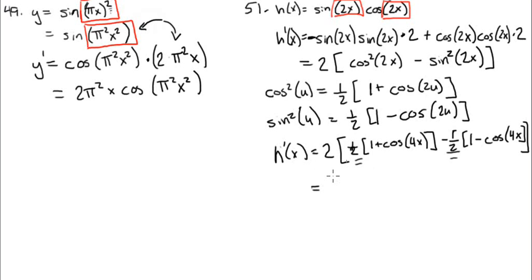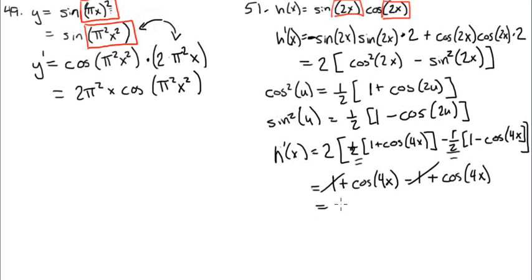So I am left with 1 plus cosine of 4x minus, distribute this negative to both of these, minus 1 plus cosine of 4x. This one cancels out with that one.